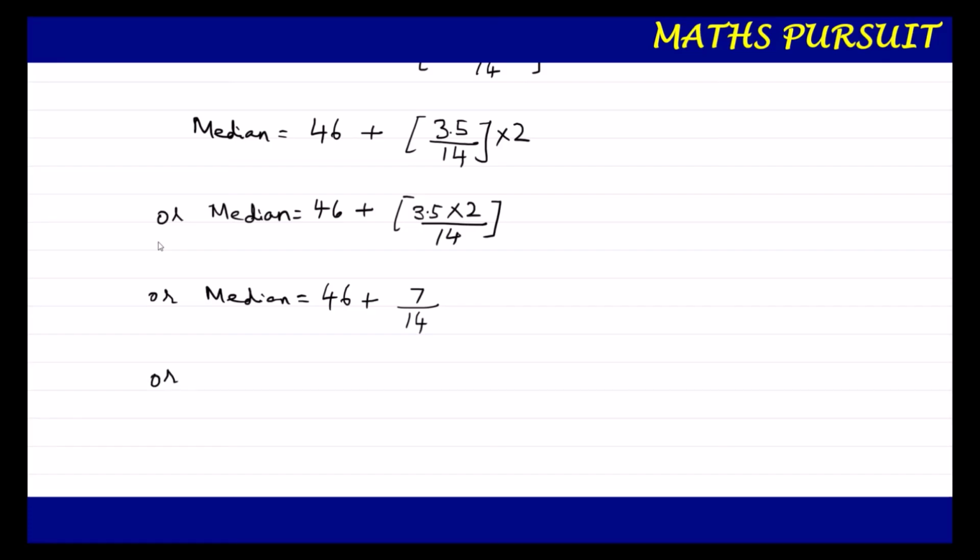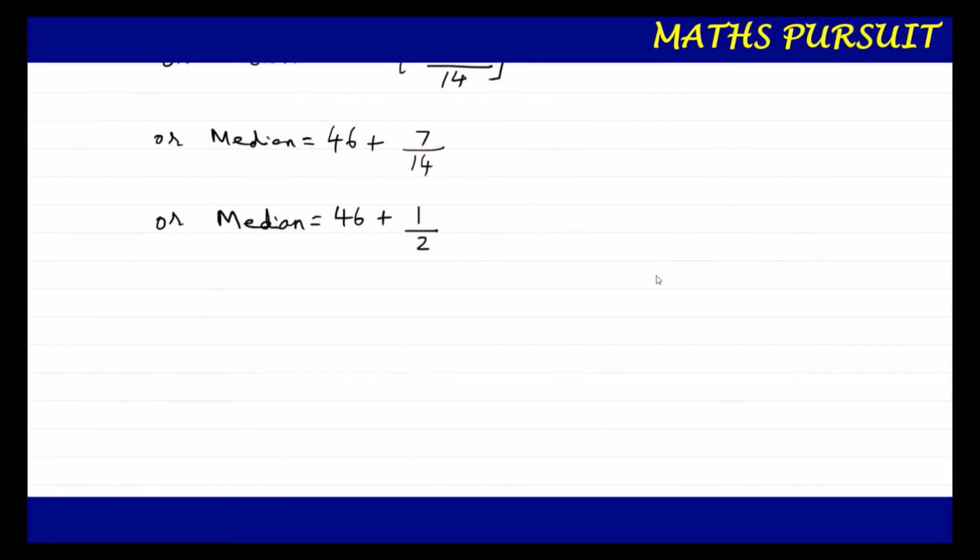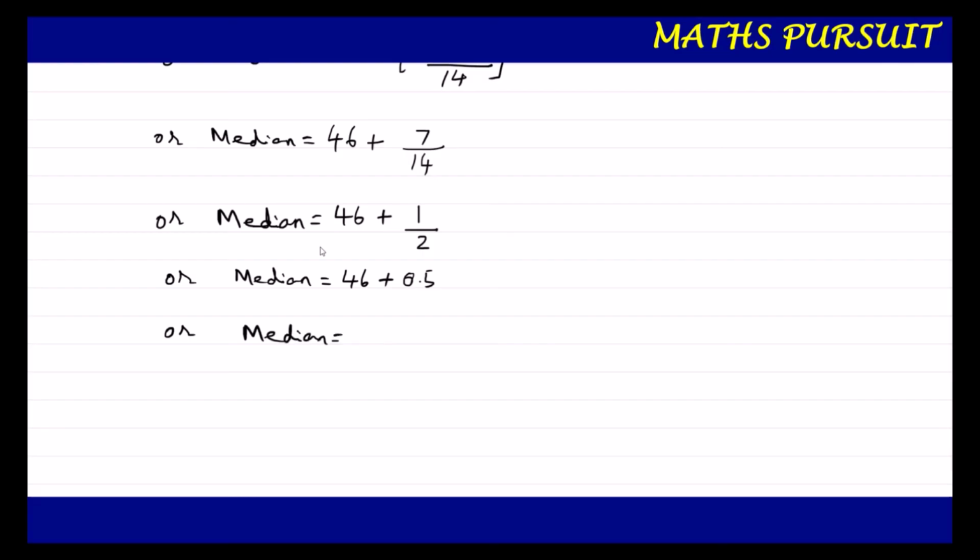Or I can write median is equal to 46 plus 1 upon 2, because 7 upon 14 is 1 upon 2. Or median is equal to 46 plus 1 upon 2 is 0.5, or we can say median is equal to 46.5.